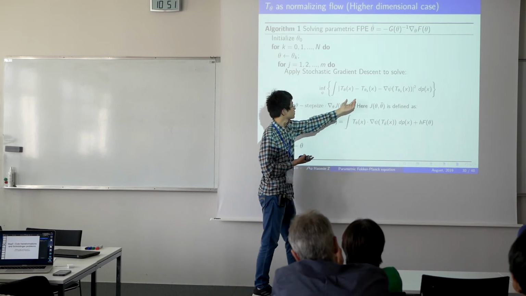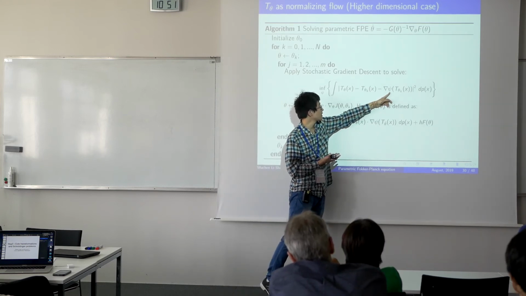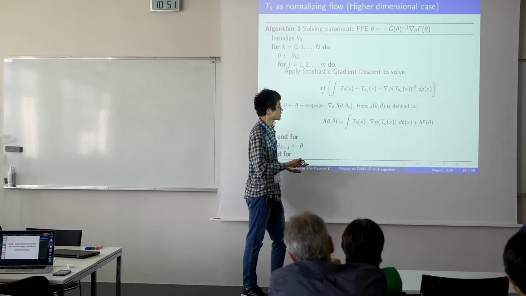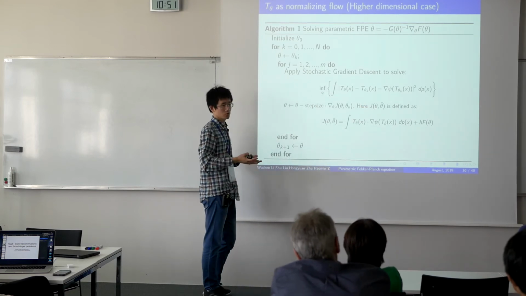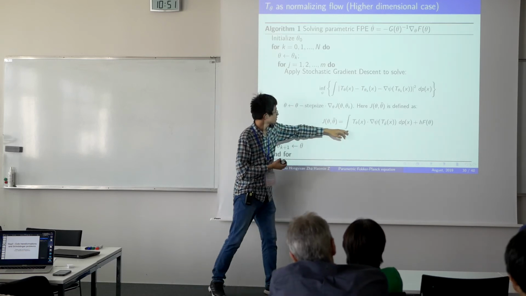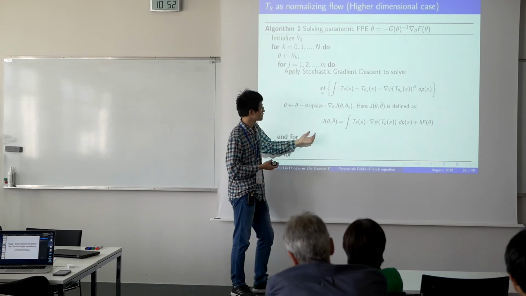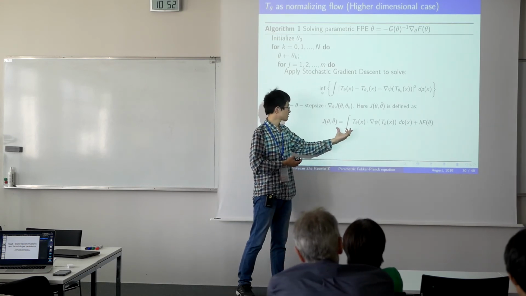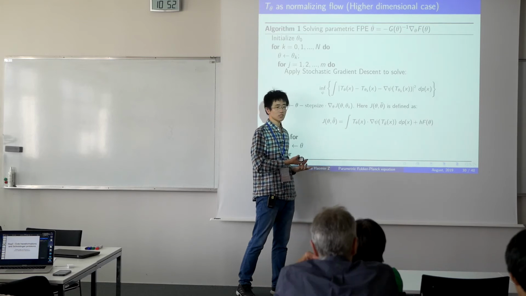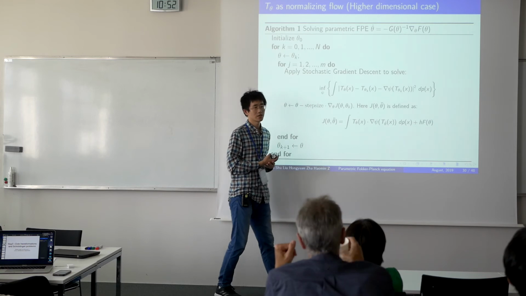If you minimize over phi, the solution is exactly the solution to the Hodge projection equation I showed you before. And for this functional, we are minimizing it at every iteration. So this functional is kind of like the proximal algorithm or the JKO scheme for solving Wasserstein gradient flows.